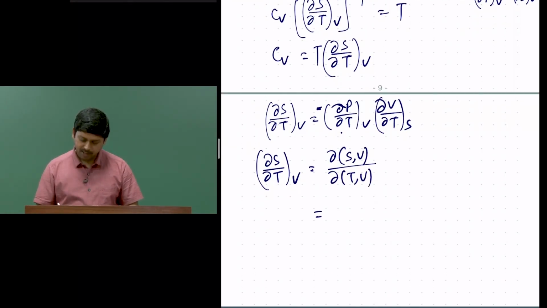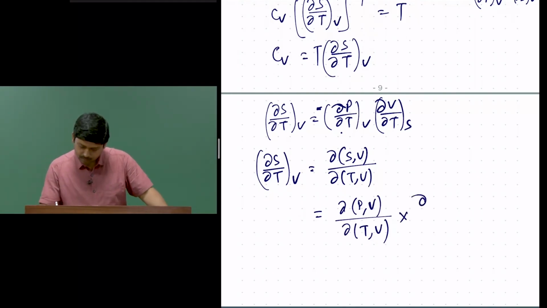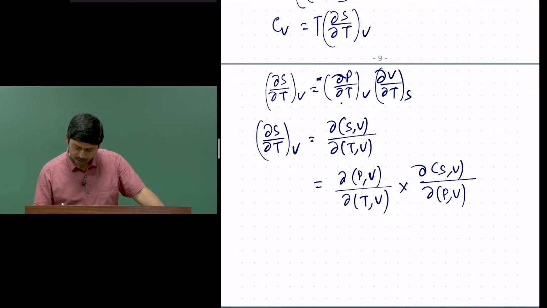Now we want P, T, V, right. So, we can have del (P, V) by del (T, V), then del (S, V) is still there, and we have to write (P, V) here, because then (P, V) cancels and (S, V) and (T, V) will remain. That is del P by del T at V, and this is del S by del P at V.